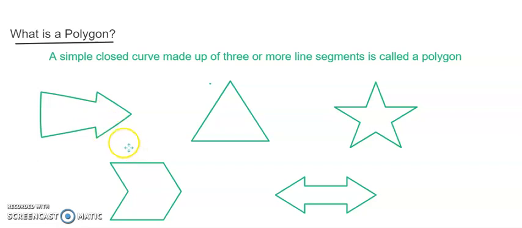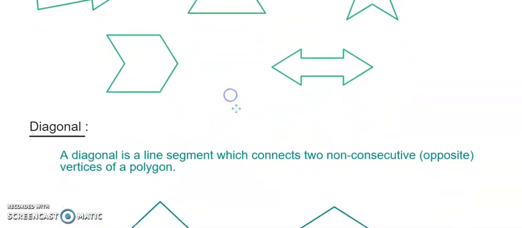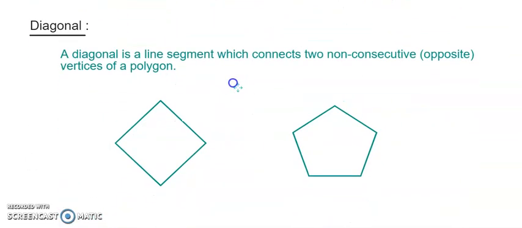Okay. The first most important definition and property of a polygon is the diagonal. A diagonal is a line segment which connects two non-consecutive vertices. Consecutive means the ones which lie one after the other, two things which are next to each other.